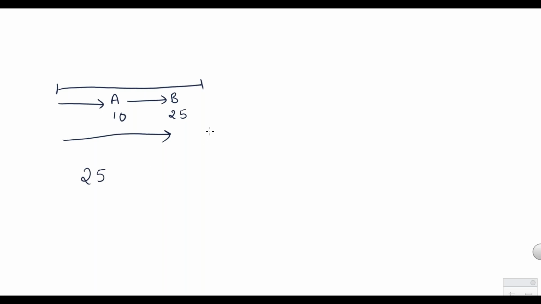In these 25, up to here I'm taking up to 25 people. In these 25 people, A and B both are included. Now if I subtract 10, up to here, when I'm subtracting 10, I have excluded A. Correct? Now what is the remaining value?